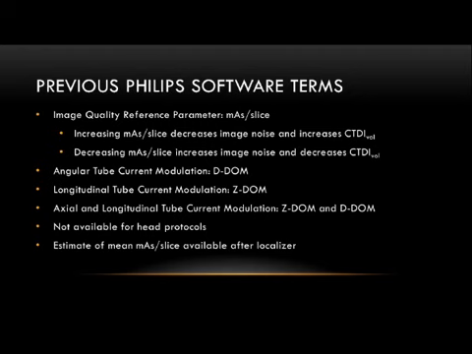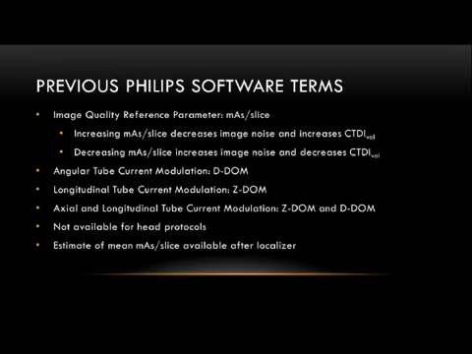And you can also, after the localizer, so for Philips systems, you set an mAs per slice, and that's kind of your gross general image quality. Once they've done the localizer, the estimate of the mean mAs per slice is then generally available. So you can get an idea about what the average effective tube current time product is going to be over the length of the scan.